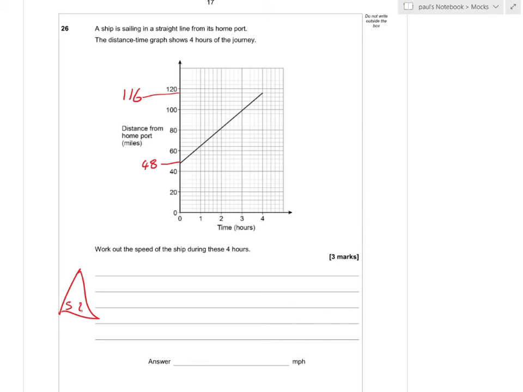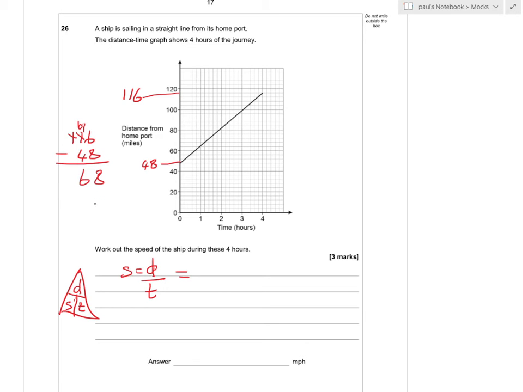So speed, time, distance. So we've got to find the speed equals the distance over the time. The distance is the difference between those two. 116 minus 48. So 16 minus 8 is 8, and 11 minus 4 is 6.